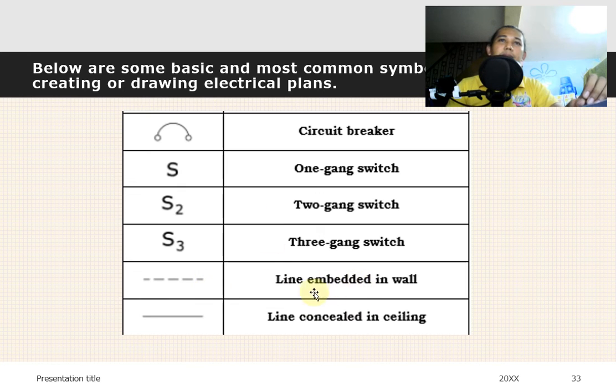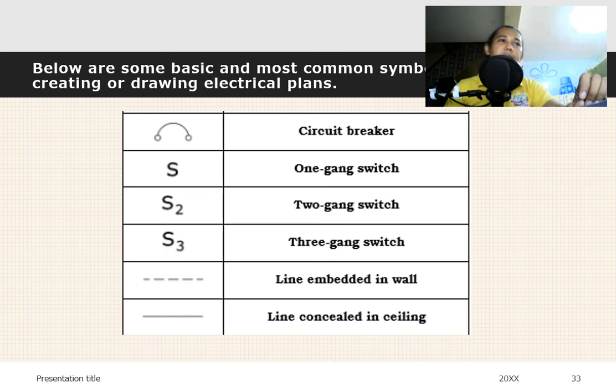And line embedded in wall, pag meron tayong mga service cord na nasa loob ng wall, dinodraw po natin siya ng segmented line. And while pag ang cord naman ay concealed in ceiling, nakatago naman siya sa ceiling, dinodraw na naman natin siya ng solid line. So, ganun po yan. Ayan po ang mga symbols ng ating electrical plans.